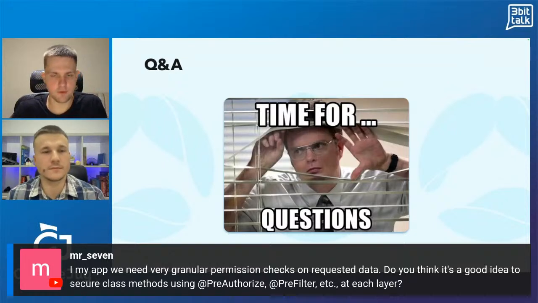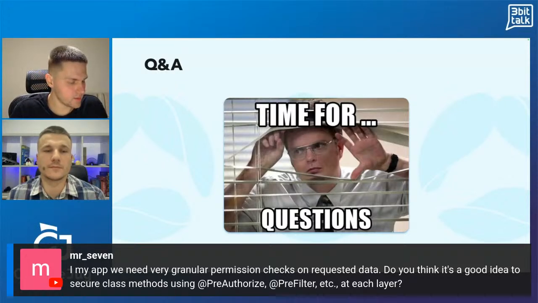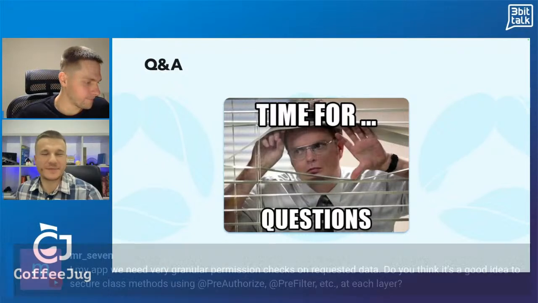But if you have pre-authorize throughout your business logic, then there is a question whether there will always be authentication, if you call this logic from places where you don't do the authentication, because you process an internal event or something like that, but you still need to invoke that business logic. I'm not sure if I addressed your question correctly. Maybe if you have additional details, you might add them now. I think it's a good answer, yeah.